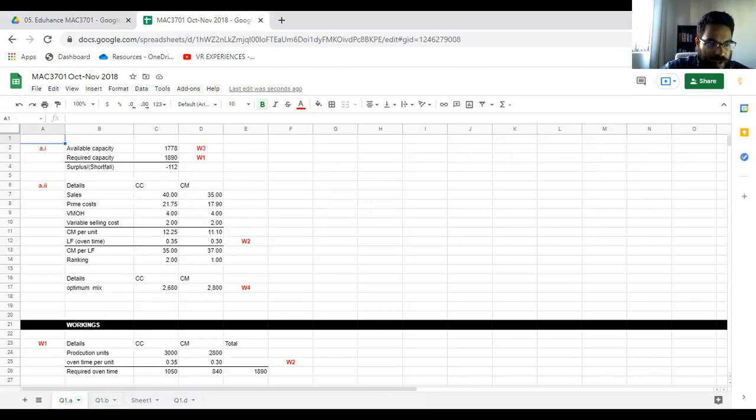Yeah, if you look at the last paragraph above actual information, they said 1 kilogram of the direct raw material yields 1 kilogram of SCB biscuits.